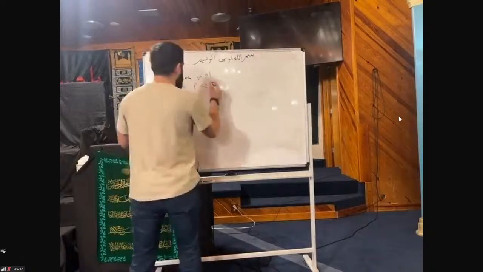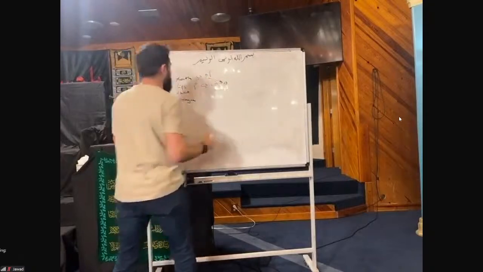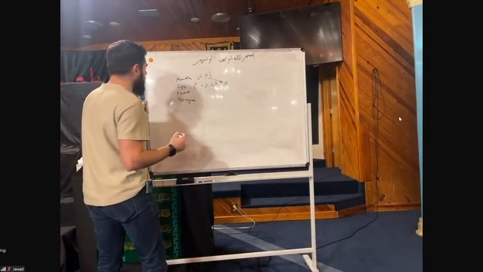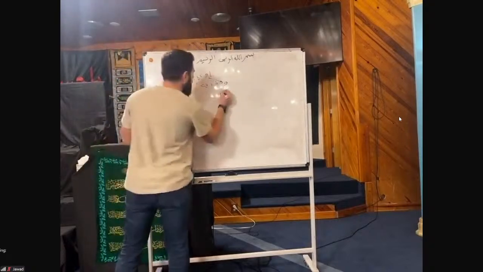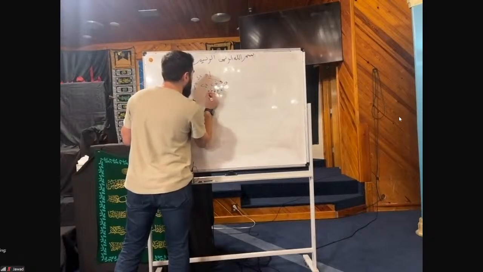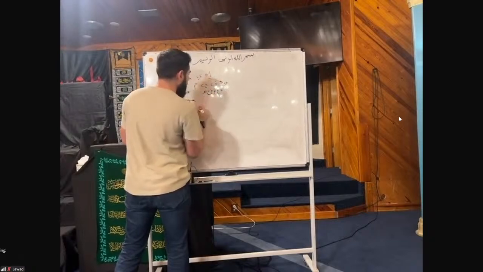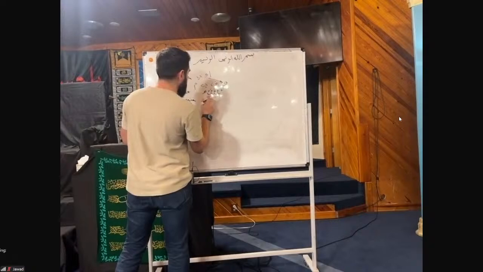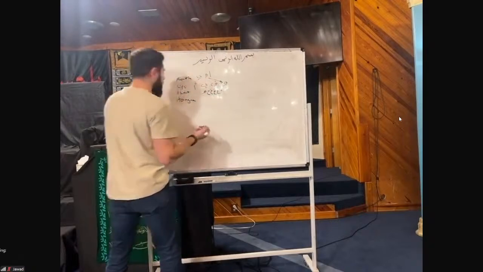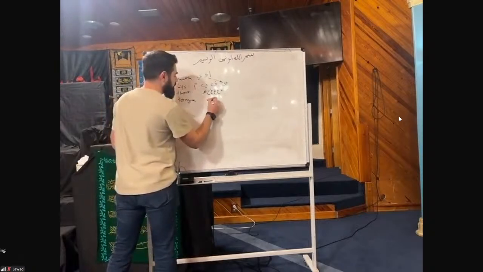Although, yes, there's a bit of overlap here. Your throat letters are your hamza, your ha, your ain, your ghain, your kha, and your ha. And the tongue is the rest.